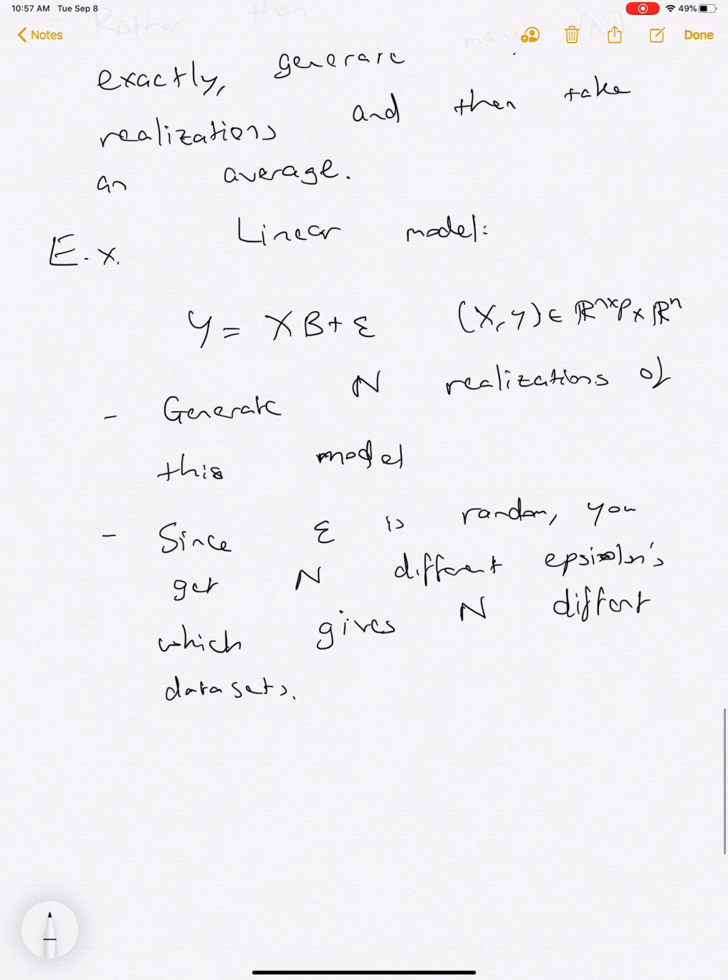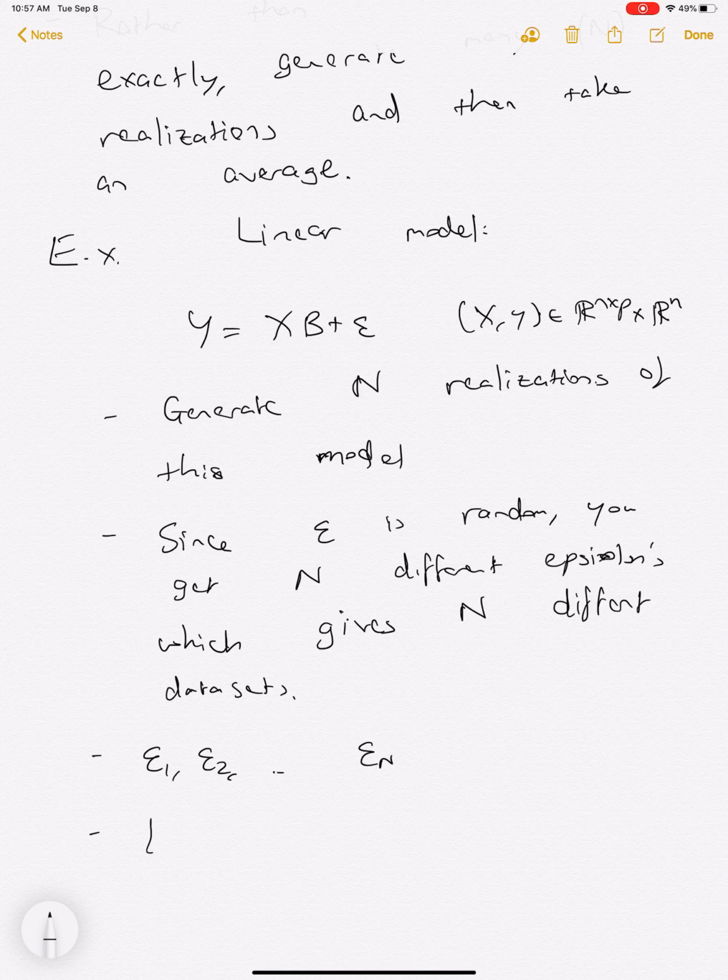So I'm going to use this notation. It's a little bit annoying that I'm going to use this subscript notation right now, but we've typically used subscripts to denote the covariate index, and now we have a third index, which is the simulation realization index. So you generate n different noise variables, okay?